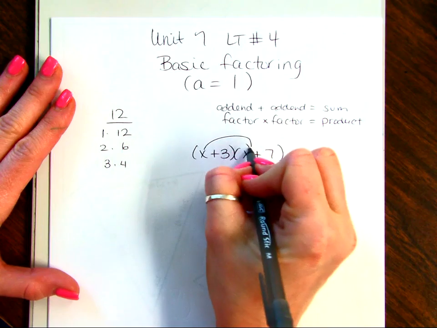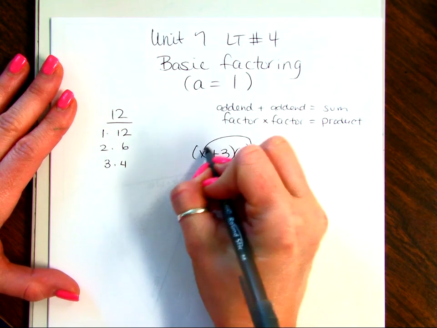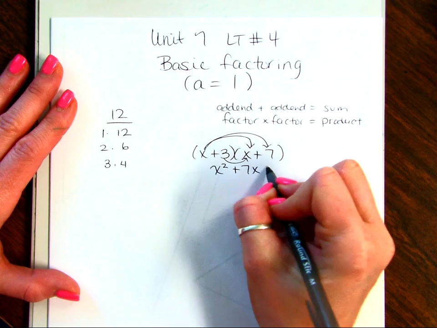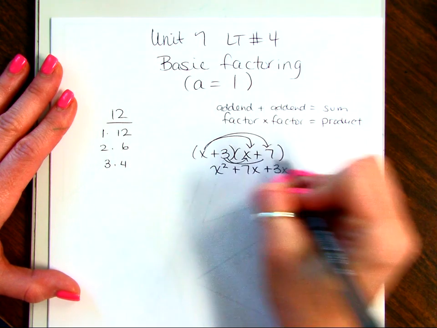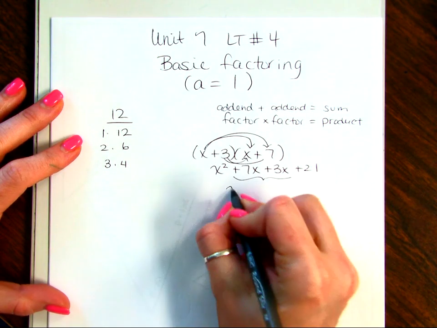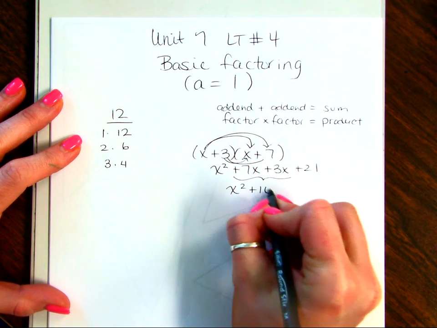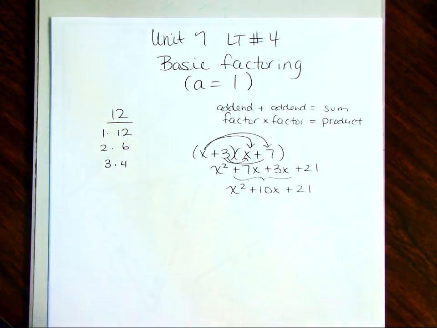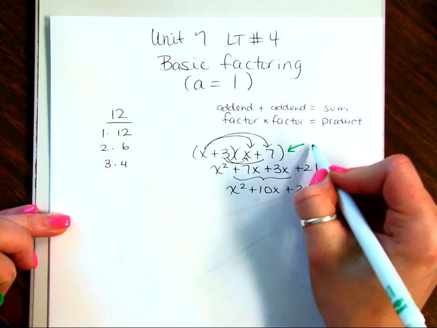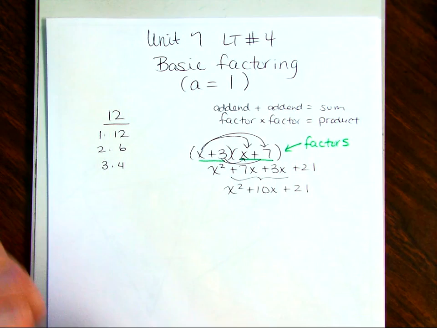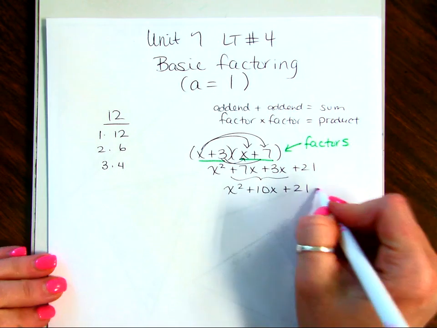And you said x times x was x squared, x times 7 is 7x, then you had a 3x, and then you had a 21, and then I told you to look for like terms, and then you ended up combining these 2, and you said x squared plus 10x plus 21. Okay? So what you need to know is that these are the factors. The factors are x plus 3, x plus 7, and this big old trinomial is your product.